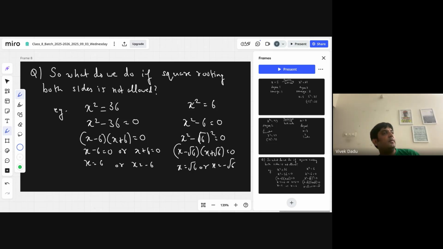We have just not learned how to solve that. Getting? So in place of square root, what do you do?